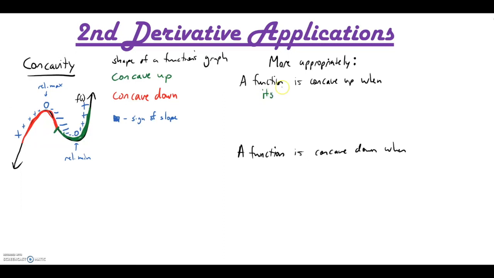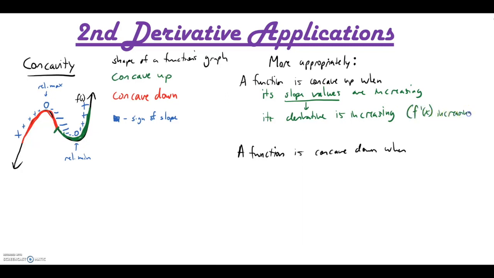So let's inspect the green part first, the concave up portion. And notice, since the slopes move from negative to positive, the slope values themselves must be increasing. But using a different word, that must mean that the derivative of the function is increasing, because derivative defines the slope values. So f prime of x in this case would be increasing.